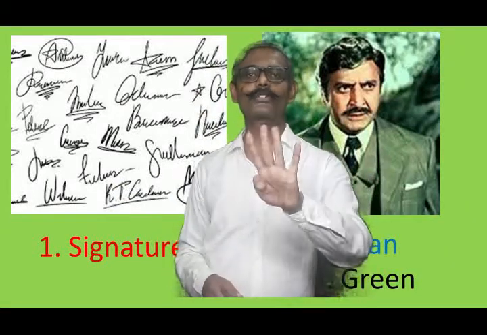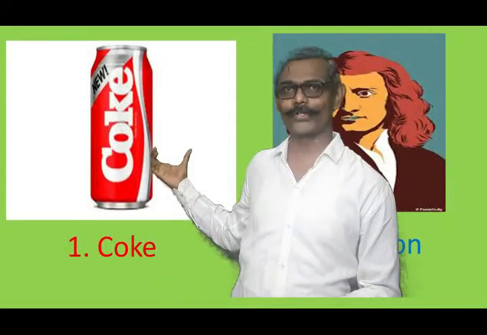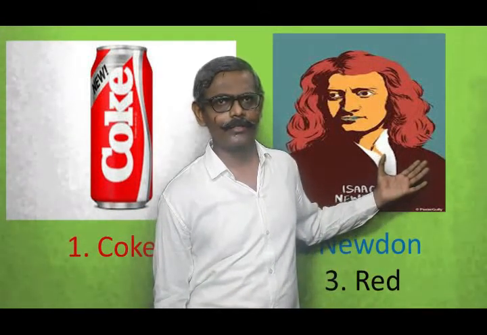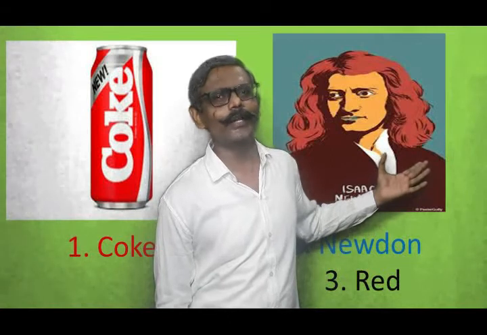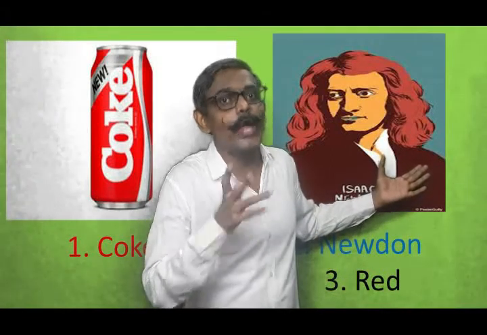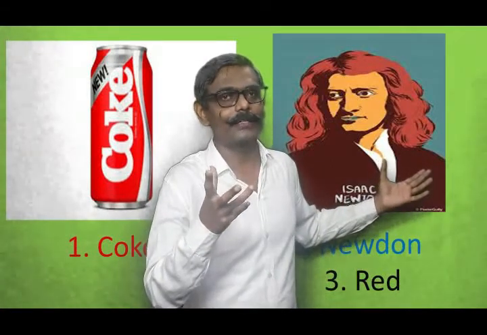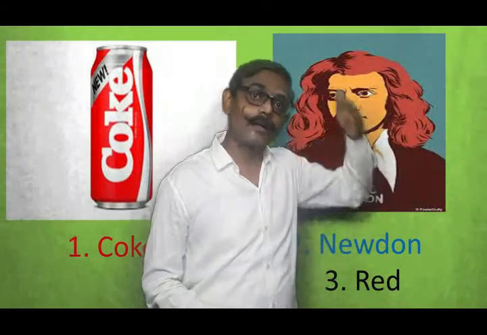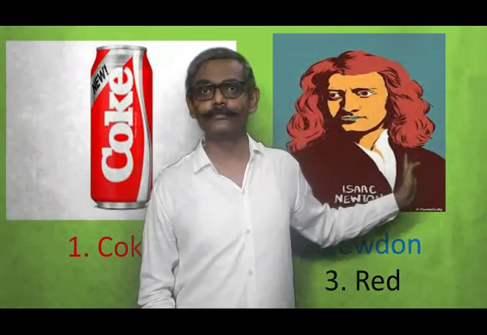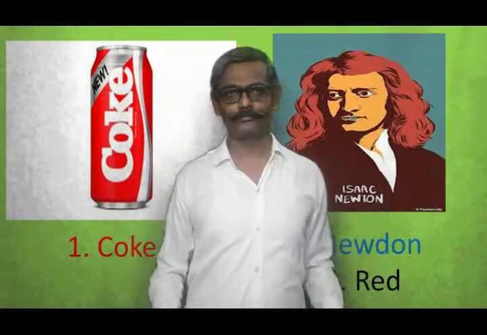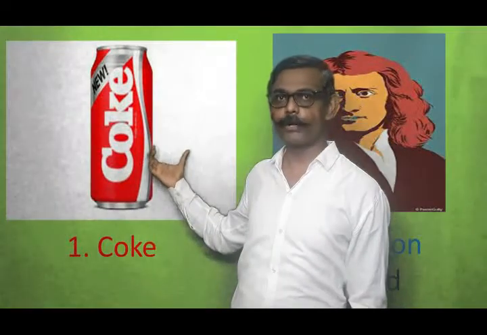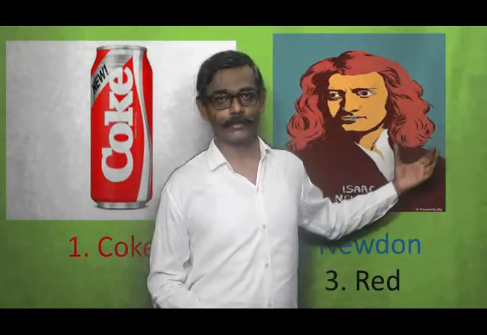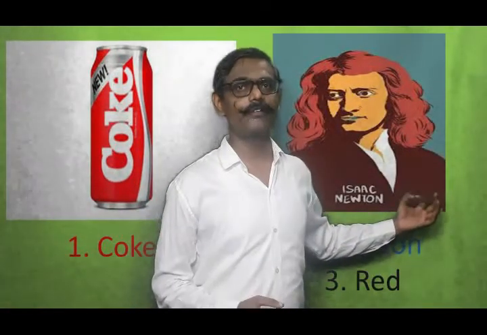Now the fourth slide. What is here? Coke. And a living thing: the name of the scientist? Actually Newton, but I made it Newton. You will understand the purpose for that later on. What is the color of Newton's hair? Red. So remember: number one, Coke. Number two, Newton. And number three, red color.